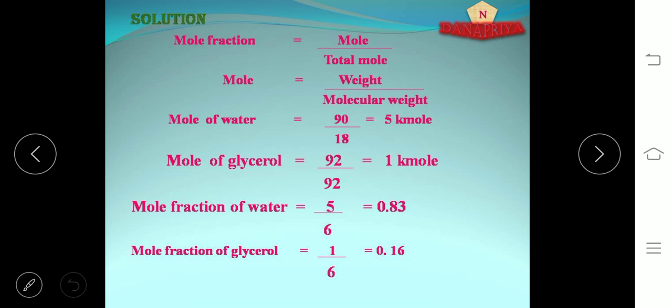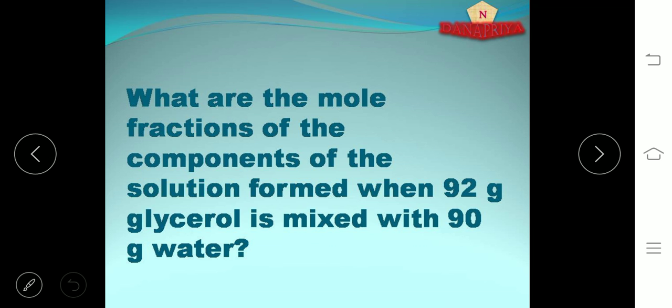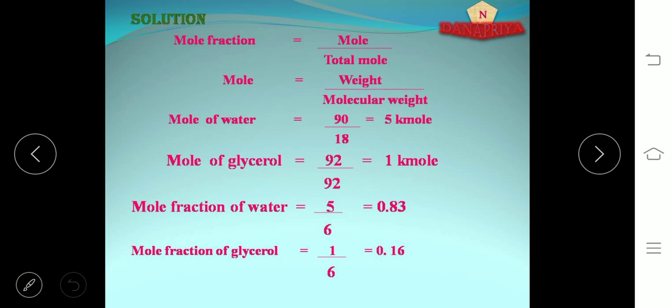We have to find mole of water. The weight value for water is 90. Then 90 divided by molecular weight of H2O. H is 1, so 1 into 2 plus O 16, so 18. By calculating, you get 5 kilomole.